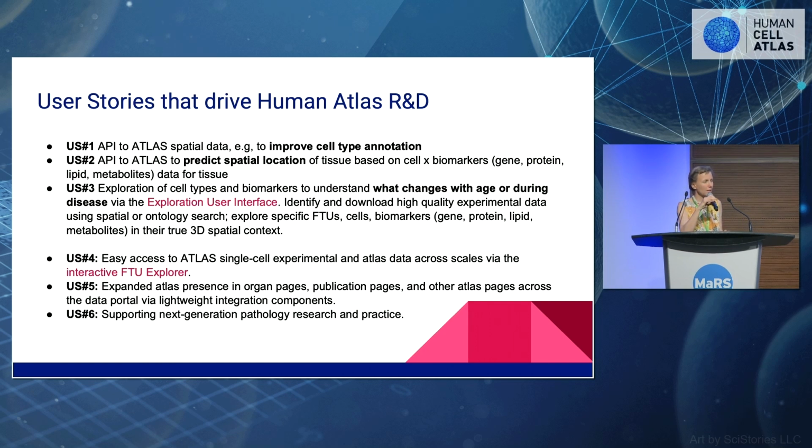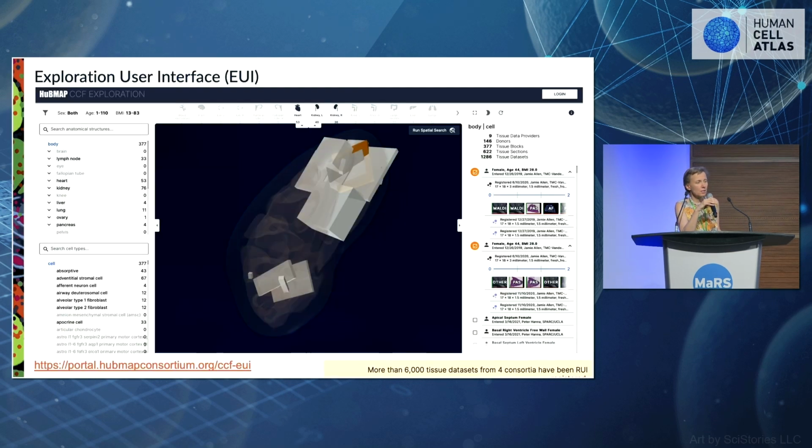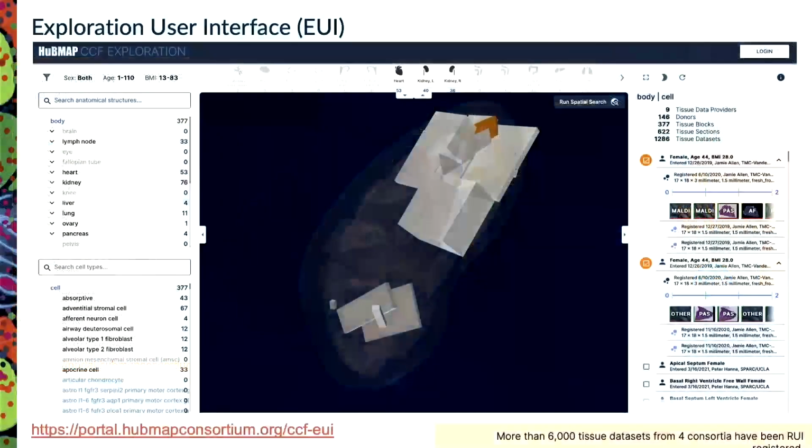So on the next slide, and I guess I click here to expand, you see the exploration user interface, which now registers data from more than 6,000 data sets. And so you can now spatially explore that data. You can register your own data spatially, and you can see if some other healthy data exists for that specific location in 3D across 30 plus organs for male and female bodies.